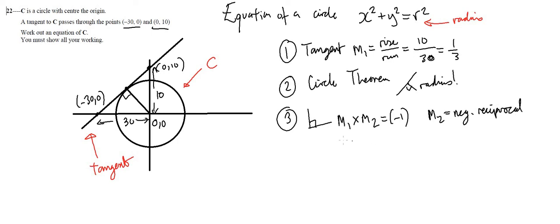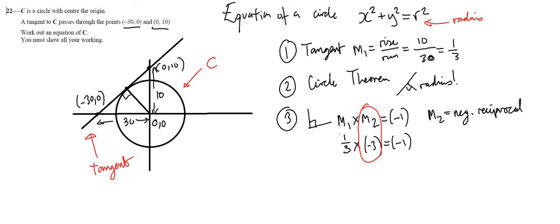So our first line, we worked out the gradient was 1/3. So the negative reciprocal is -3. So this is the gradient of our second line. Okay, and that's our radius that goes to the center of the circle. So now we've got that part.